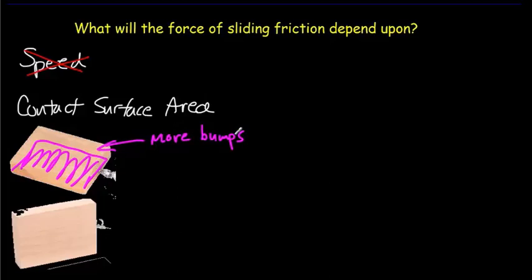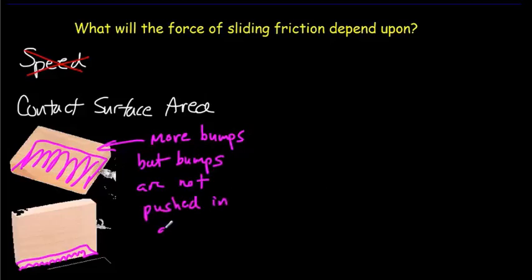They're not pushed into the grooves as much as they would be in this case here, because the weight is being distributed over a larger area. So even though you've got more bumps, you've got less pressure, less force per area, less weight per area, and as it turns out, those effects cancel each other out, and contact surface area does not have an effect.